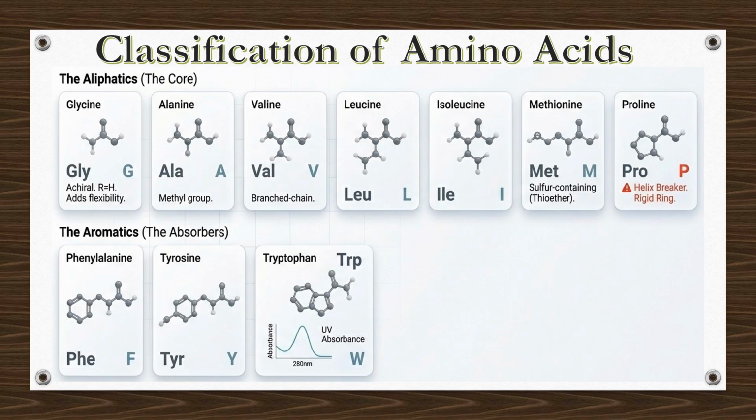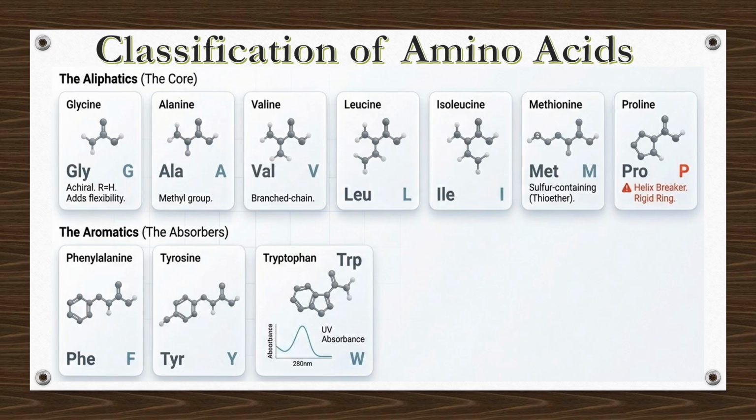Glycine, the simplest amino acid, adds flexibility because its side chain is just a hydrogen atom. Alanine, with a small methyl group, is abundant and fits easily into tight spaces. Valine, leucine, and isoleucine have branched side chains that are strongly hydrophobic. Isoleucine is notable for having two chiral centers.